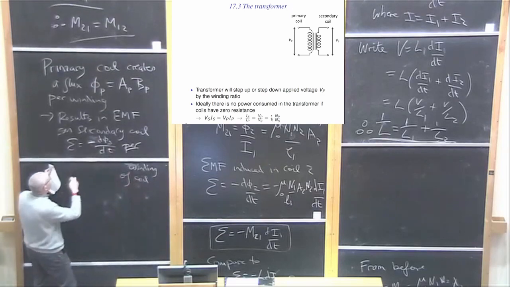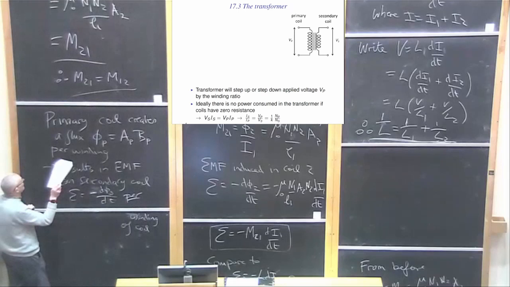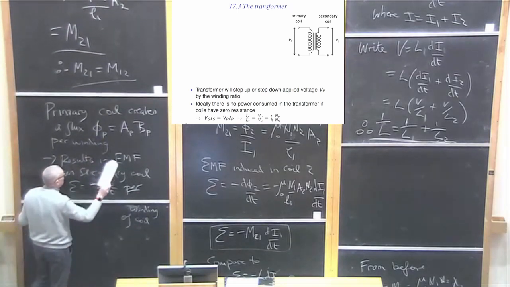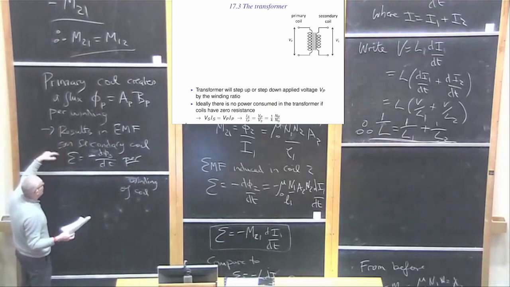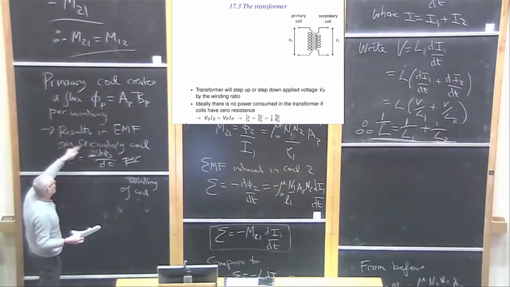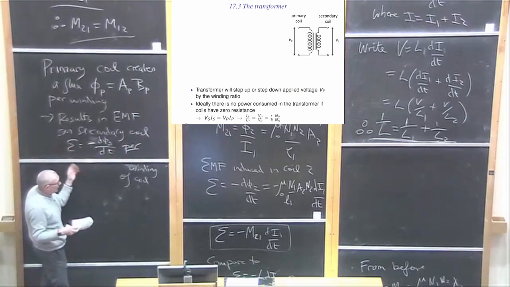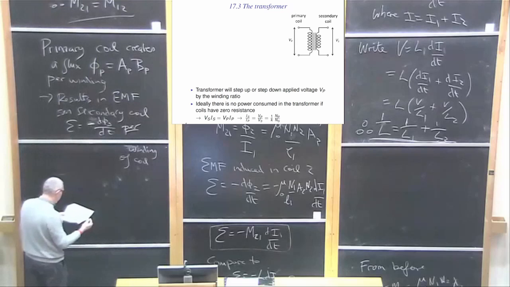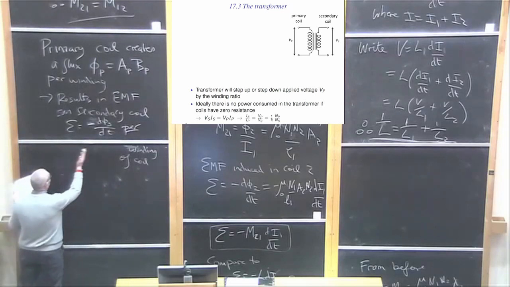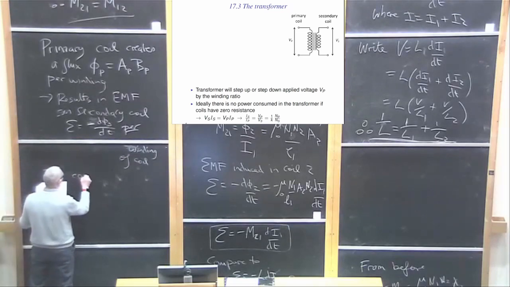So every winding of the coil in the primary creates a term for the flux in the secondary per winding in its own right. That's just sort of obvious. So the coils are coupled.